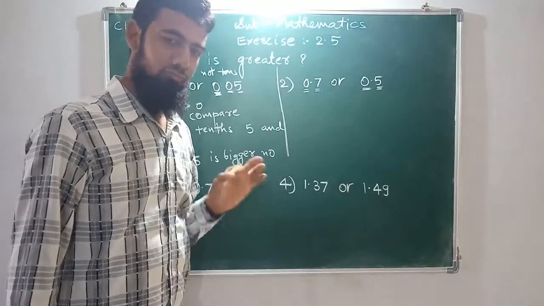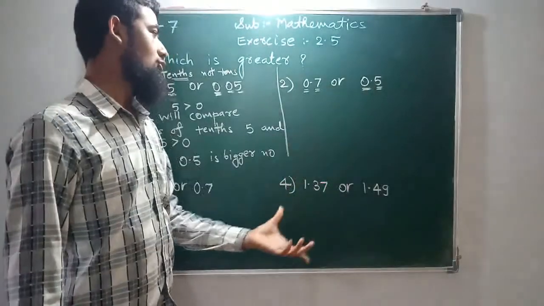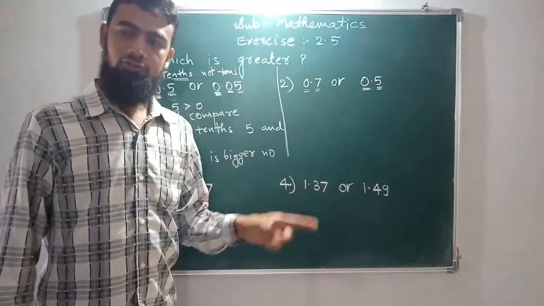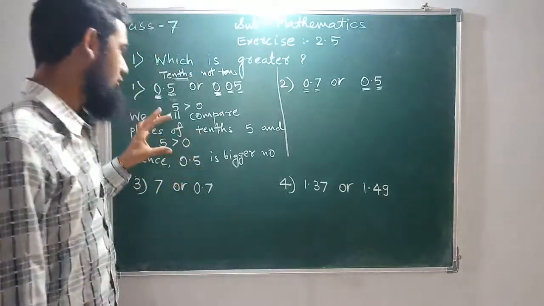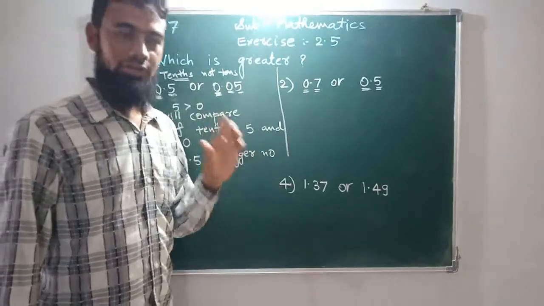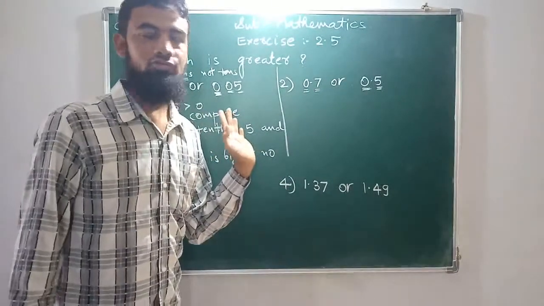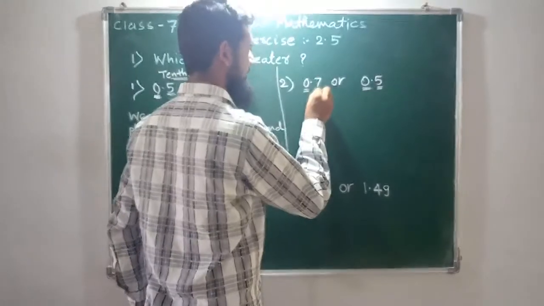My dear students, one thing you should keep in your mind, if you are going to compare places of ones or tens or hundreds, you should write 2 or 3 lines, because it carries marks. Understood? So here we are comparing which places?